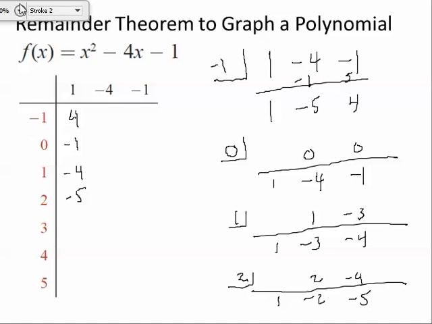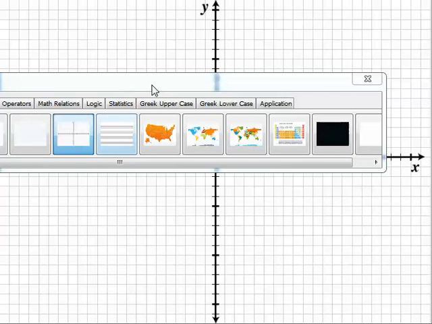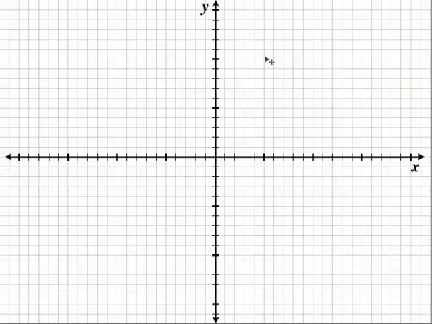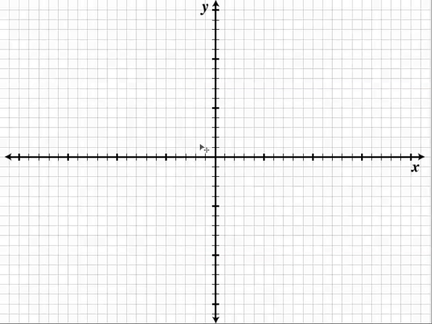Okay? So let me go to a new page here and pull a piece of graph paper up. There we go. And let's go back and look at some of those points. -1, 4. So at -1, we go up to 4. It'd be plotted right there. And at 1, 4 was right there.